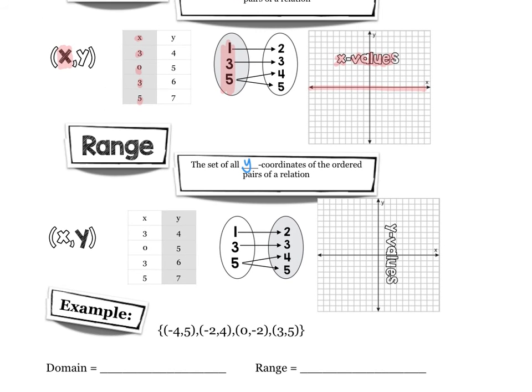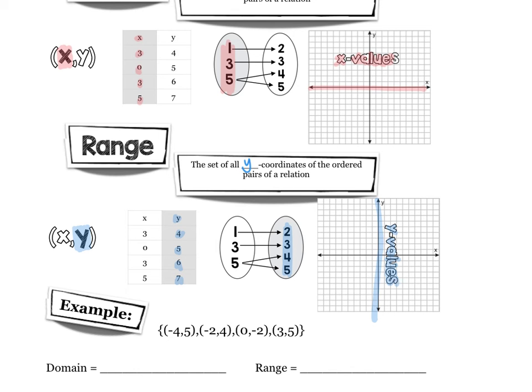So when you're looking at range, if you're given a set of ordered pairs, then you're just going to list all of the second numbers in your ordered pairs. And if you're given a table, you're just going to list all of the y values that are listed in your table. If you're given a relation like this, you would list all of the second values. And if you're given a graph, you're going to list all the y values, which are all the values that follow along this axis, the y-axis.